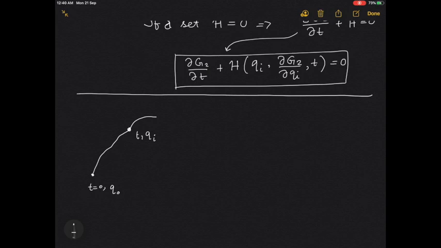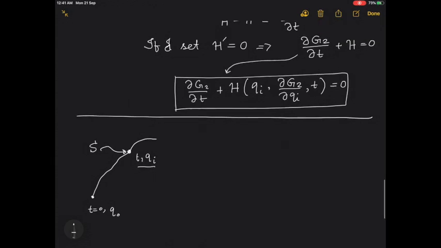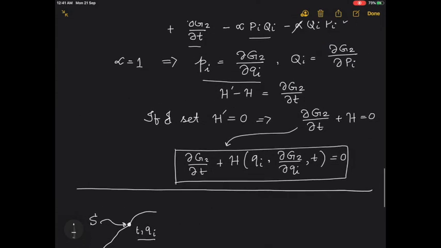So q, when I write it, corresponds to all q's essentially. And corresponding to that, you have an action which is associated with this point. As that point moves along the trajectory, the action changes. So the action has become a function of these quantities, which means essentially this action traces this trajectory. The action tells you what the trajectory is.